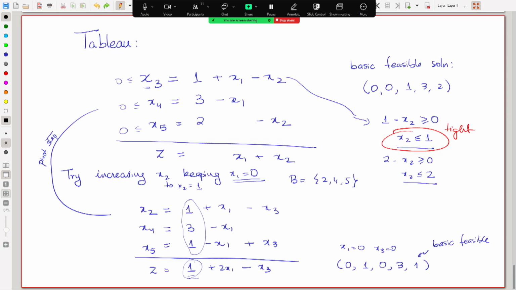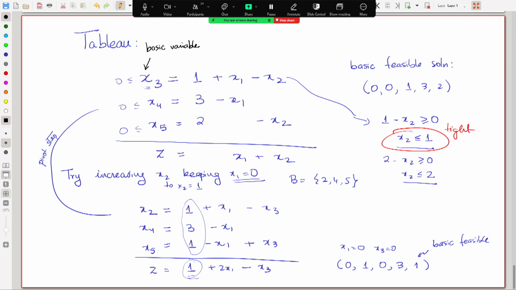So, we set up the problem in terms of a nice visual table, which we call a tableau. So, we write down the basic variables here, and because the submatrix corresponding to the basic variables is non-singular, you can express the basic variables in terms of the non-basic variables.